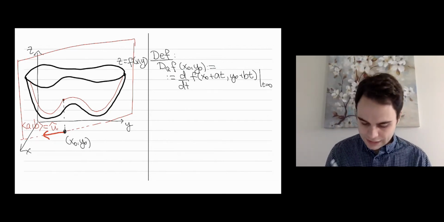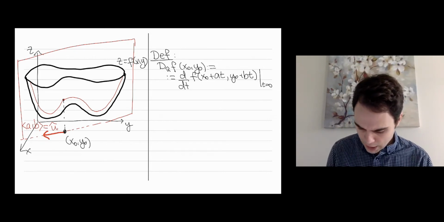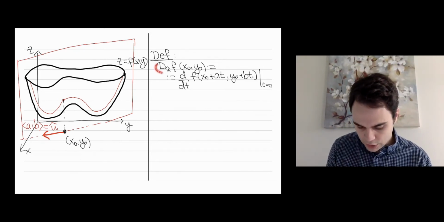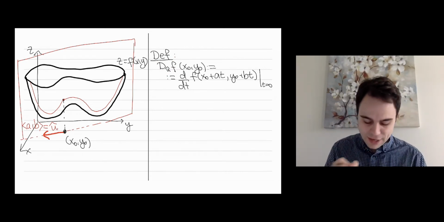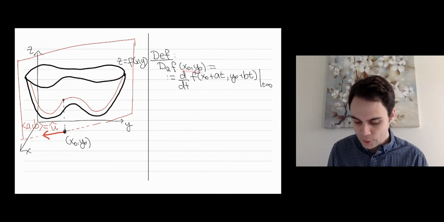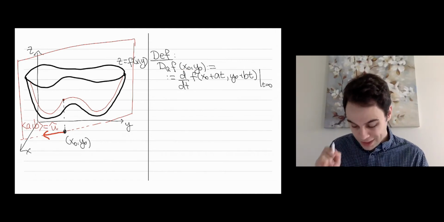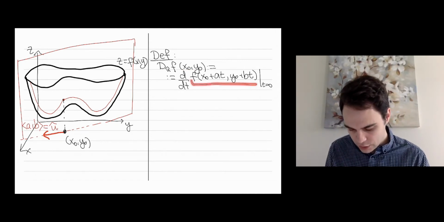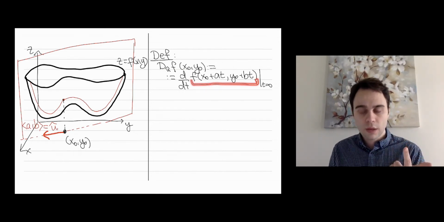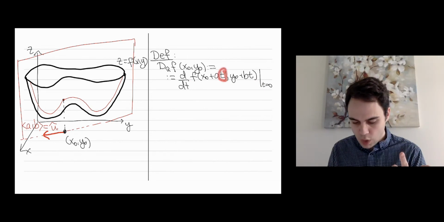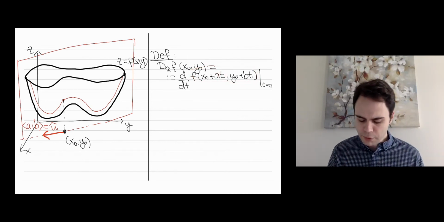All right, so first let's see if this makes sense. The derivative of f in the direction of u at the point x0, y0 is a number. What number is this? Well, you take this function of a single variable t. x0 and a are fixed, and I have just one variable t inside both inputs.